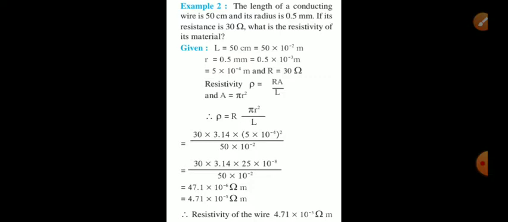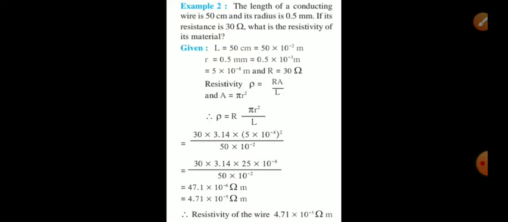Radius is given, which is 0.5 millimeter. Again we have to convert that into the same unit, which is meter. So it will be 0.5 into 10 raised to minus 3 meter, which is equal to 5 into 10 raised to minus 4 meter, and resistance is given, which is 30 ohm.